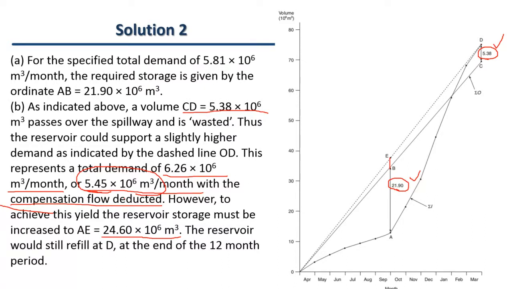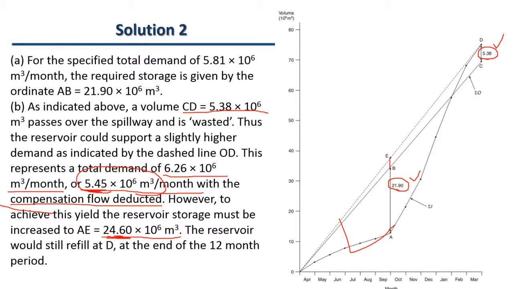For example, say 21.90 million cubic meters, I would be able to have a yield of 5 billion cubic meters per month. If I have 24.60, I can have this amount of yield.